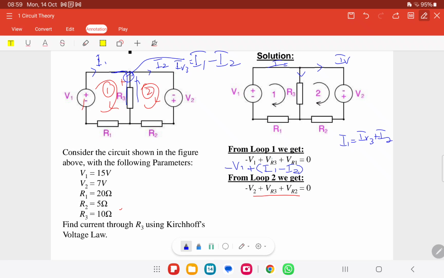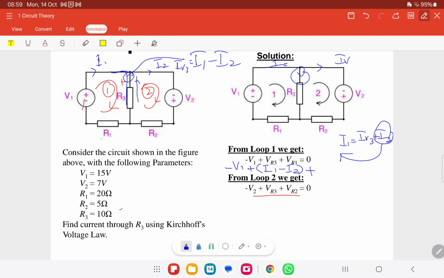Tu yang dia dapat. I yang di sini adalah, bawa lah yang ni pergi sebelah sini. I1 minus I2. So dia datang daripada konsep yang ni lah. Ni KCL. Okay, nampak tak? Macam mana dia boleh dapat I1 minus I2. Tapi in simple, untuk you buat KVL, tengok direction dia. Satu turun, satu naik. So ini adalah I1 minus I2.